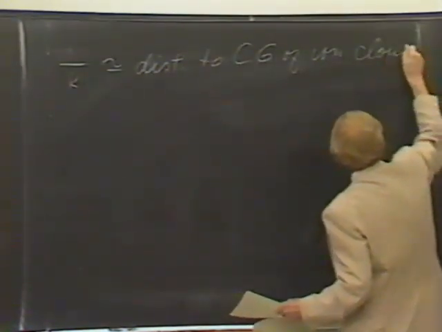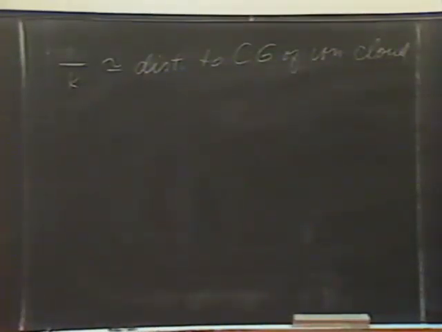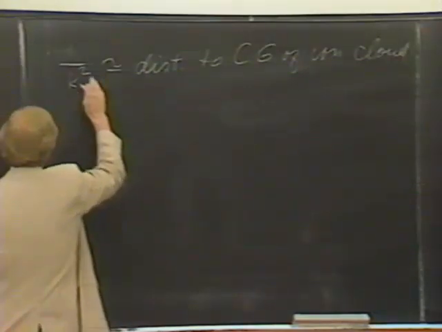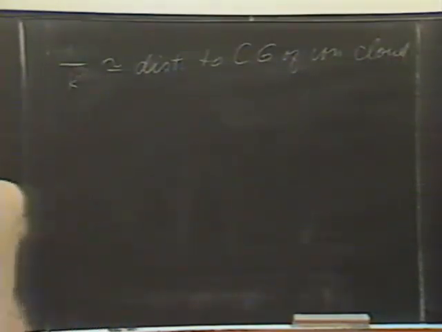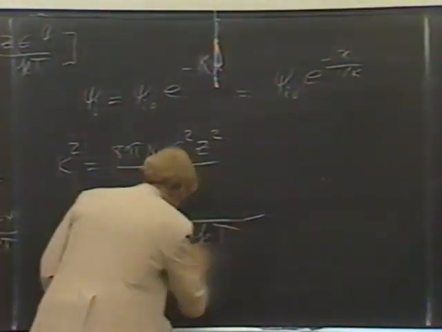So 1 over k is equal to the square root of dkT divided by 8 pi n_i0 epsilon squared z squared. And this is really what I spent this morning's half hour getting to.